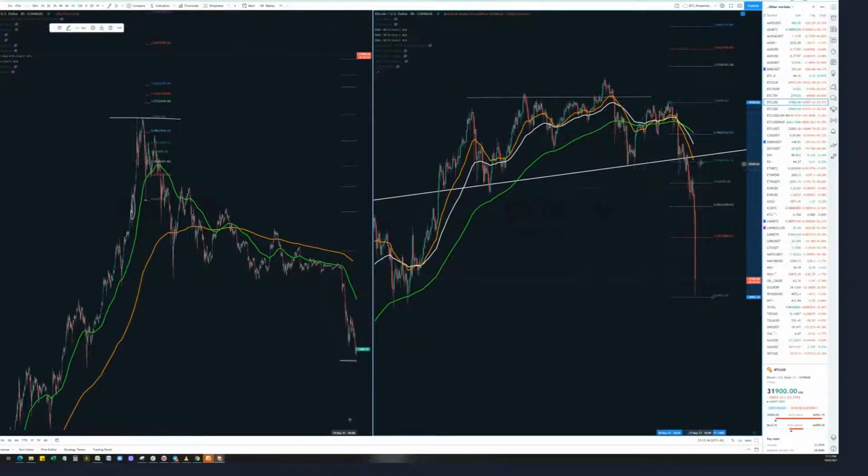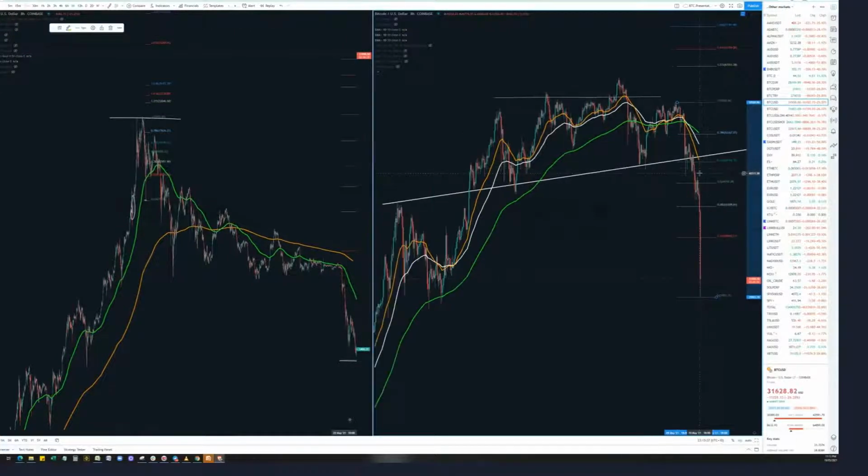So the 618 is there. That's probably a bit too high, really. My thinking is that's a bit too high. But if we look at all this previous support area, I would expect it somewhere a bit lower.